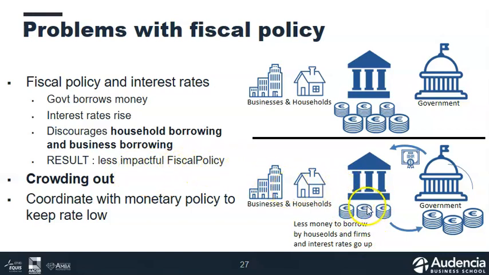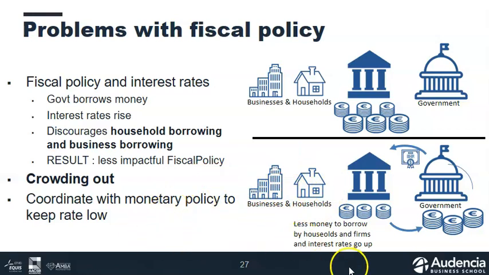So imagine you borrow money, you can spend more money, but at the same time, because there's little bits of money left, interest rates go up, and businesses and households now have to pay higher rates of interest to consume or invest. And if interest rates go up, that could actually decrease their levels of investment. Now, this is called crowding out. This is a very unique term we use in economics. Basically, we've crowded out the investment by households and crowded out the consumption by households in this case.